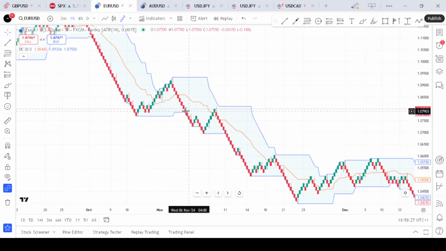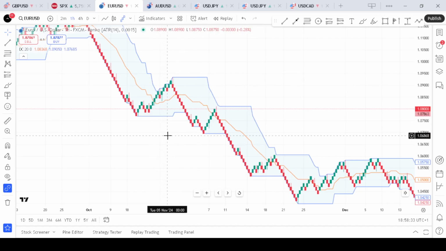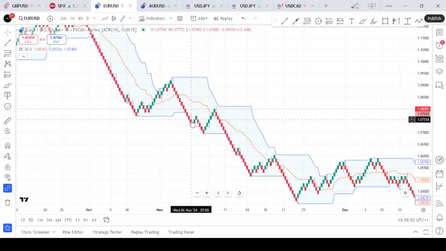This channel consists of three lines, as you can see: the upper band, the lower band, and the middle band. The upper band is the highest high over a set period, while the lower band is the lowest low over a set period, and the middle band is the average of the upper and lower bands.